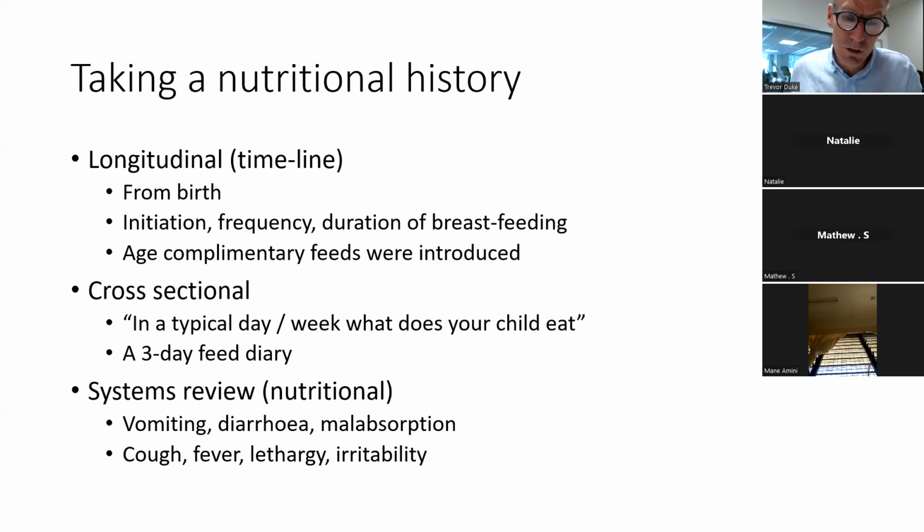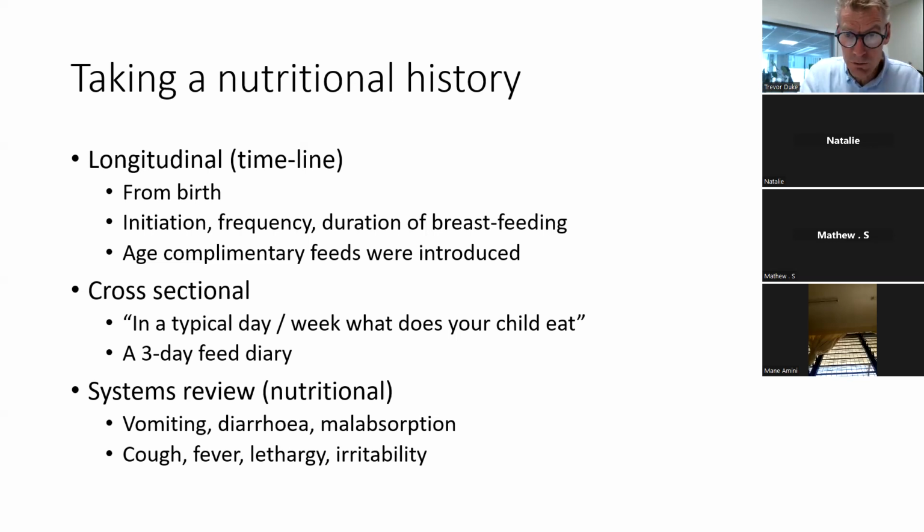And sometimes it's useful to have a 3-day feeding diary where a mother, if she's literate, can record the feeding that she provides to the baby over a 3-day period. And you can then determine whether or not the complementary feeding that the baby's receiving is adequate, or the number of feeds, or the volume of feeds, or the diversity of the diet is adequate over a 3-day period.